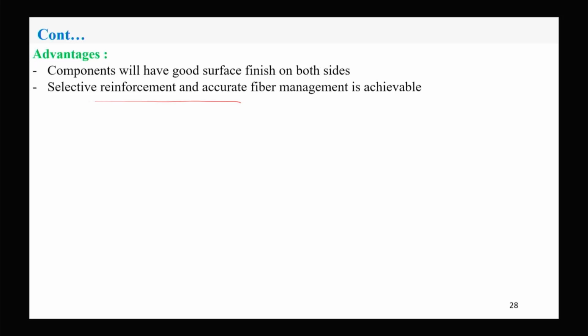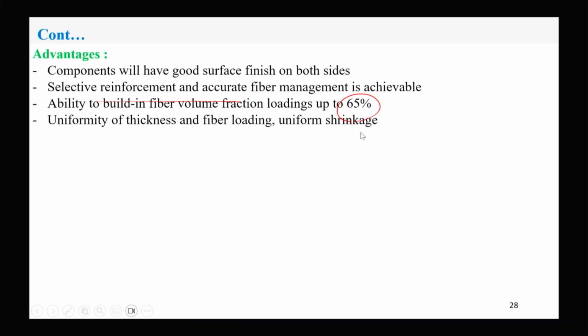Selective reinforcement and accurate fiber arrangement can be achieved because before placing we can have selective direction. So we can have very high volume fraction, 65% fiber volume fraction we can achieve here. So thickness uniformity can be maintained.